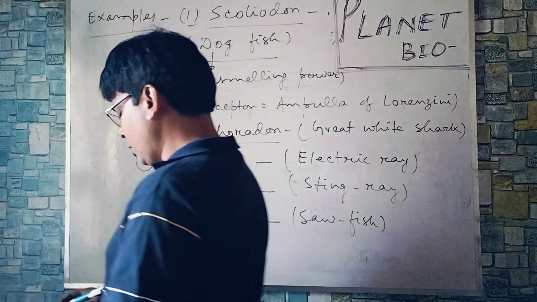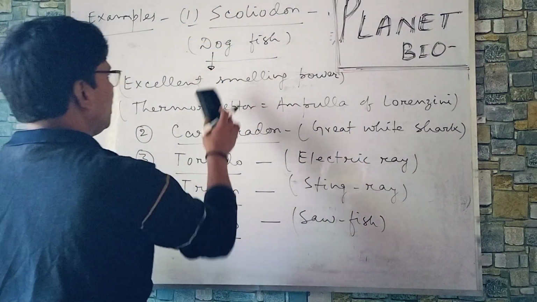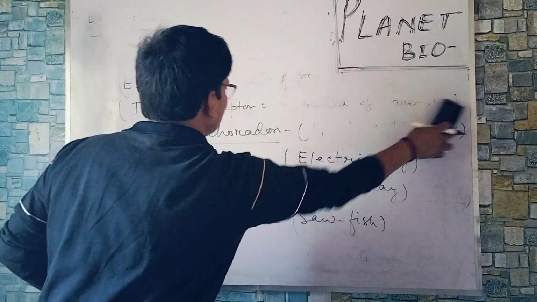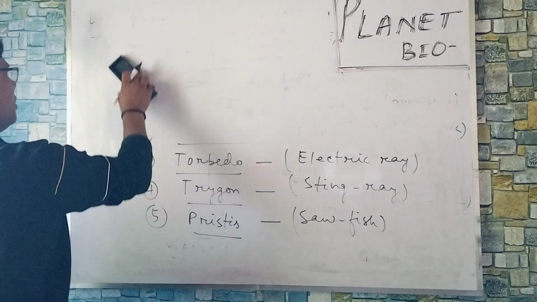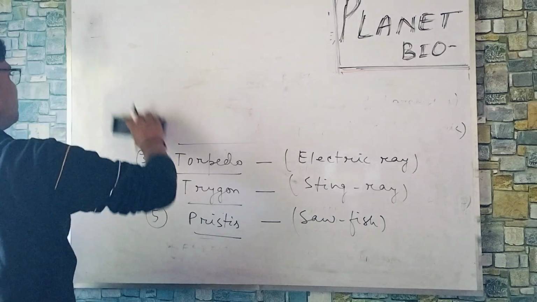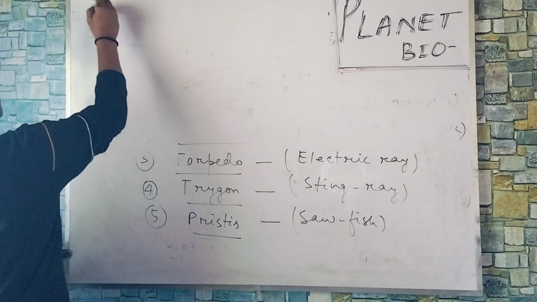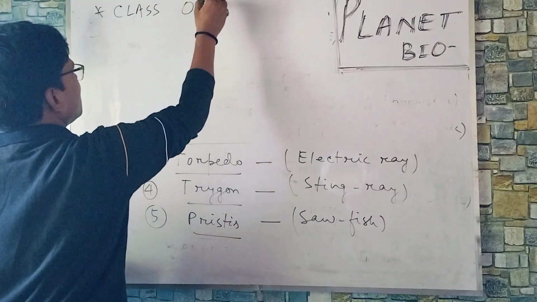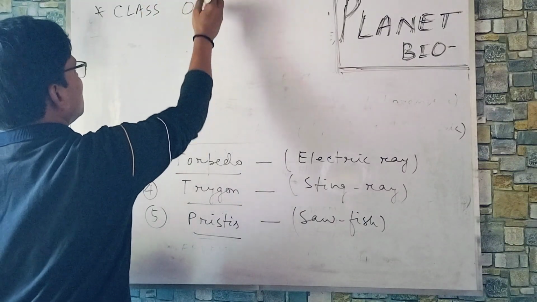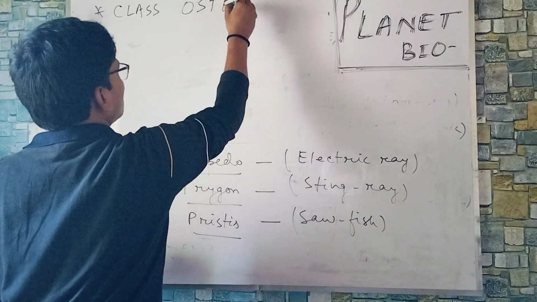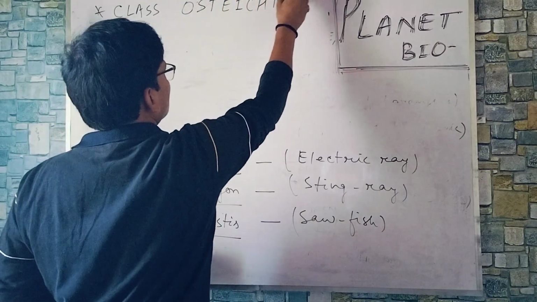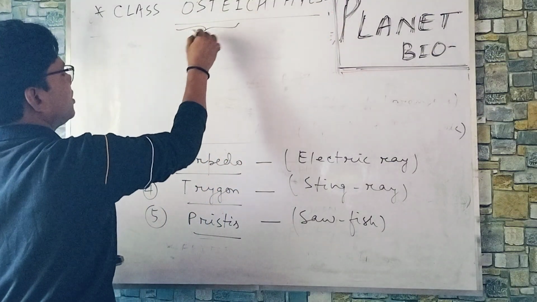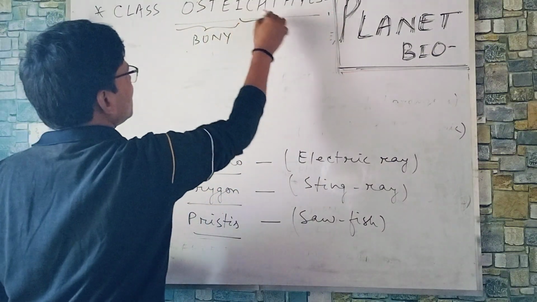Now we move on to another class, and that is Osteichthyes. Class Osteichthyes. Osteo means bony and ichthys means fishes.